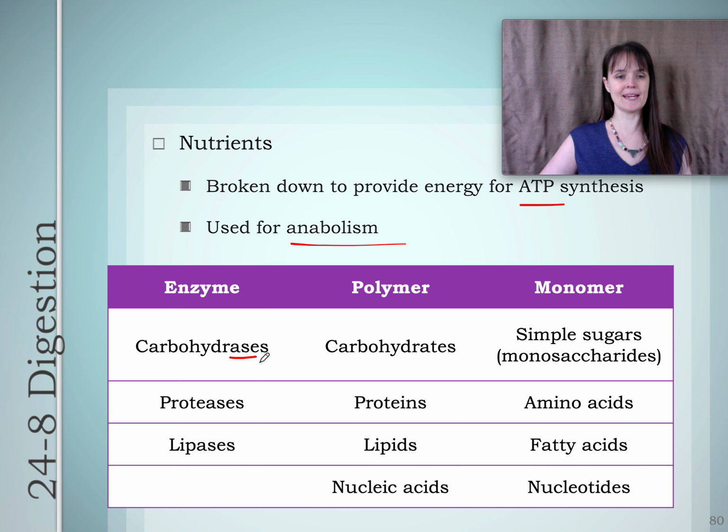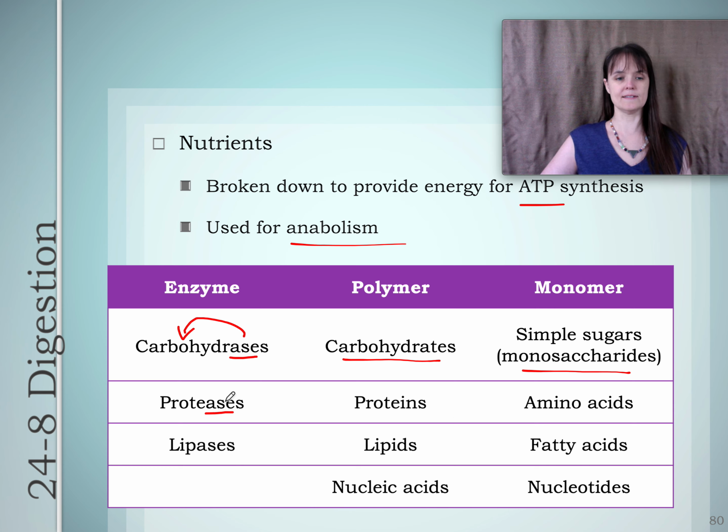Carbohydrases, and remember ase is an enzyme that breaks down whatever came in front of it. So carbohydrases break down carbs into simple sugars, monosaccharides.